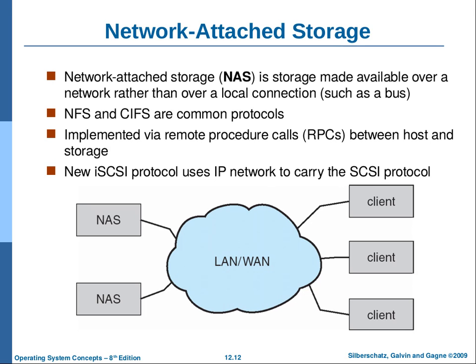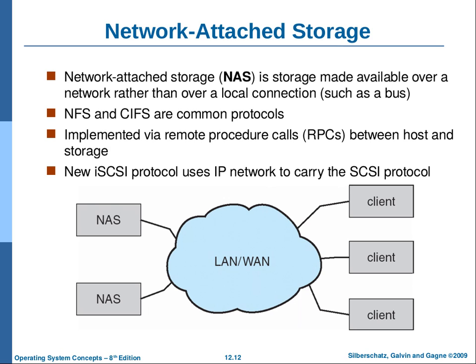Now, I said storage area network, so before I explain why that one came about, let's look at network attached storage. In network attached storage, NAS, you have your different clients, and they're connected to your NAS device via your LAN or your WAN, your Ethernet network connection. It's usually done with NFS or CIFS, more CIFS nowadays.